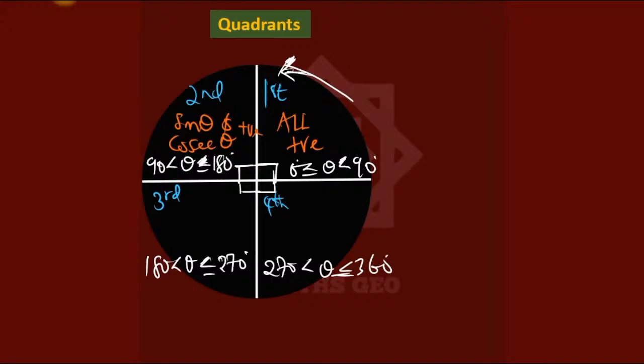Coming to the third quadrant, only tan and its reciprocal, which is cot, are the ones positive. The last one, so we are eliminating, cos and sec are the ones positive, others are negative in the fourth one.